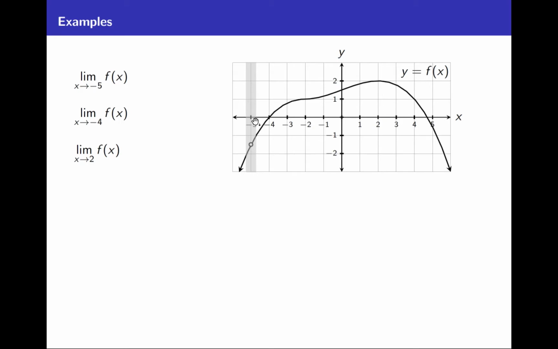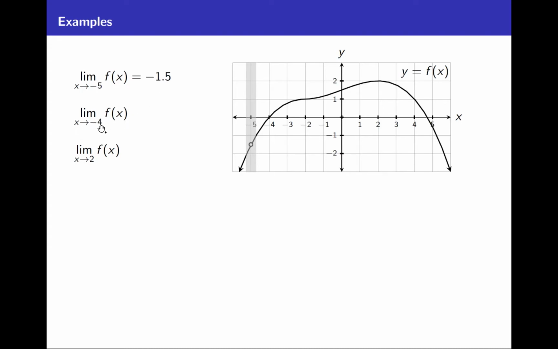And I think you can see that as x gets closer and closer to minus 5, f of x is getting closer and closer to the y-coordinate of this hole in the graph, which looks like it's negative 1.5. So we would at least estimate that this limit as x approaches minus 5 of f of x is minus 1.5.